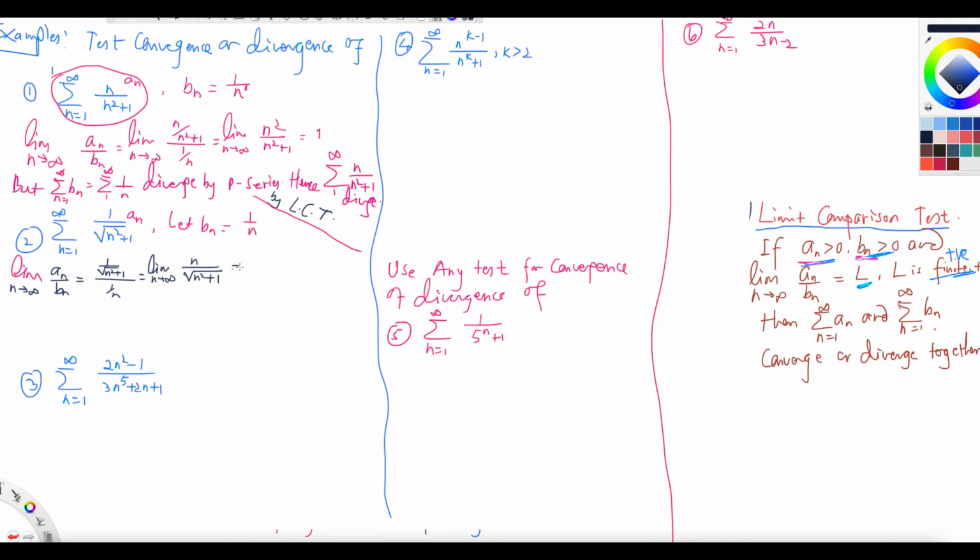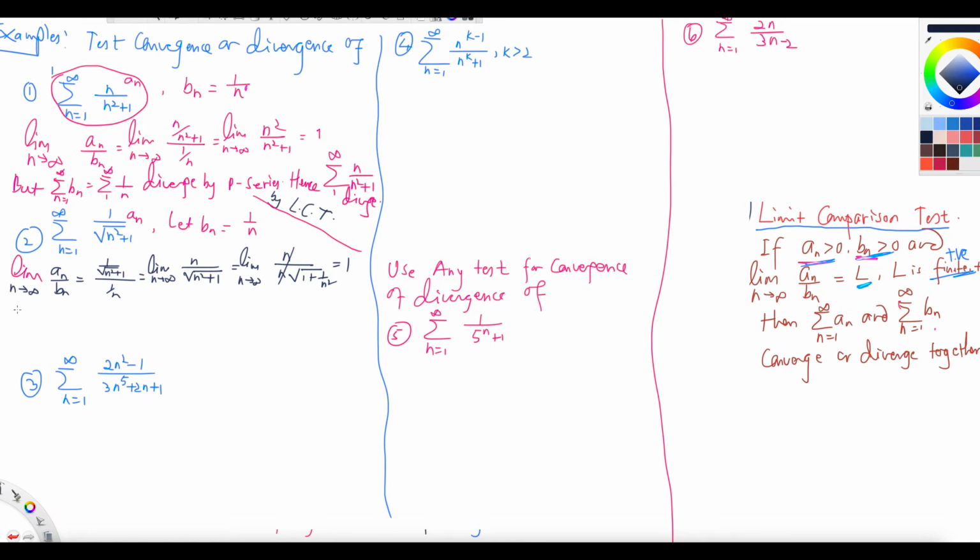Now take n out from the denominator, because it is in infinity over infinity form. If you take n outside, you get the limit of n over n times the root of 1 plus 1 over n squared. Cancel that. As n tends to infinity, 1 over n squared will be 0, so basically it is 1.